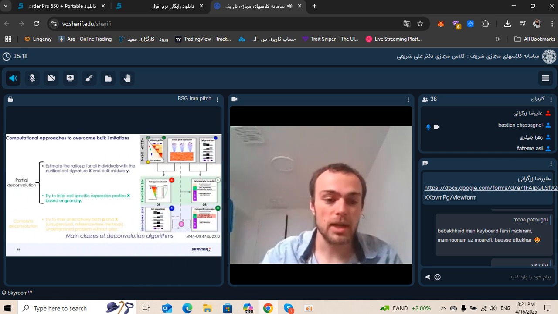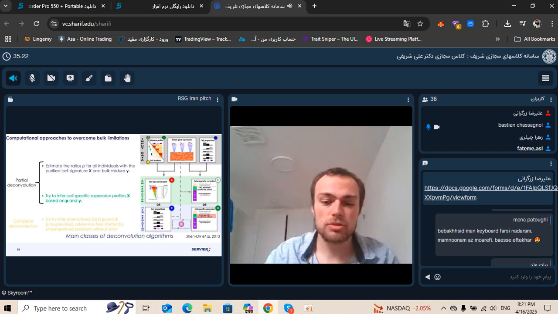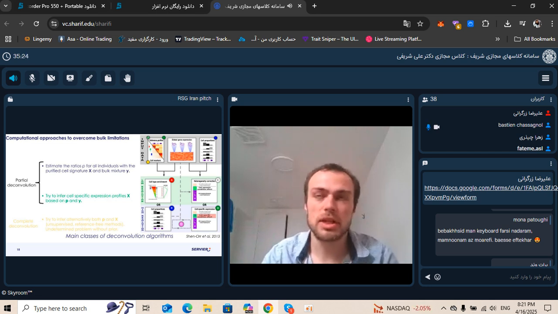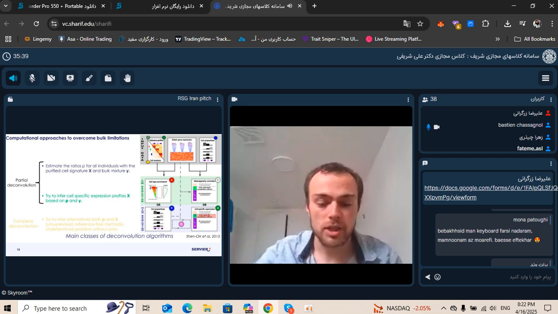We are going to rely on computational numerical approaches. There are two kinds. There's a whole family of deconvolution approaches that have been developed so far, but usually they are separated between partial deconvolution approaches and complete deconvolution approaches. In partial deconvolution approaches, you provide some prior knowledge.